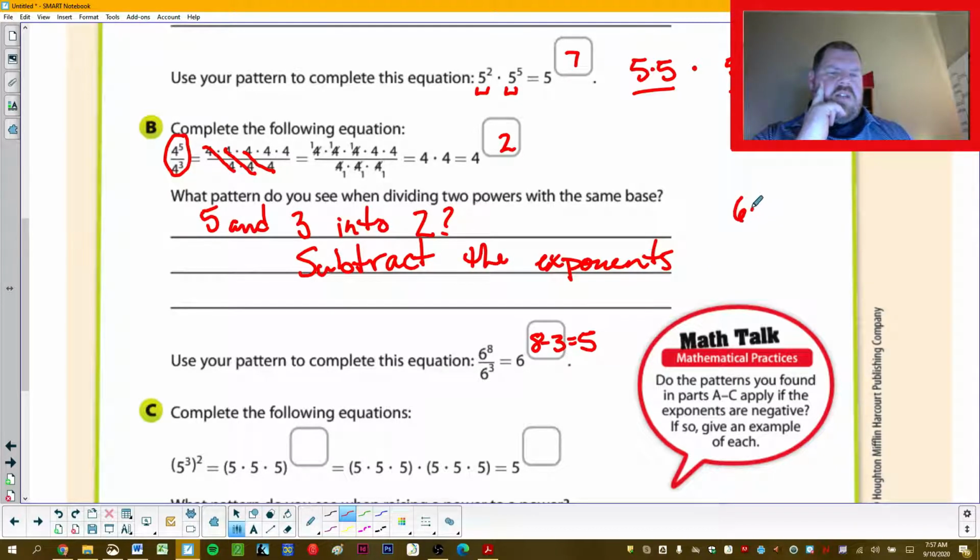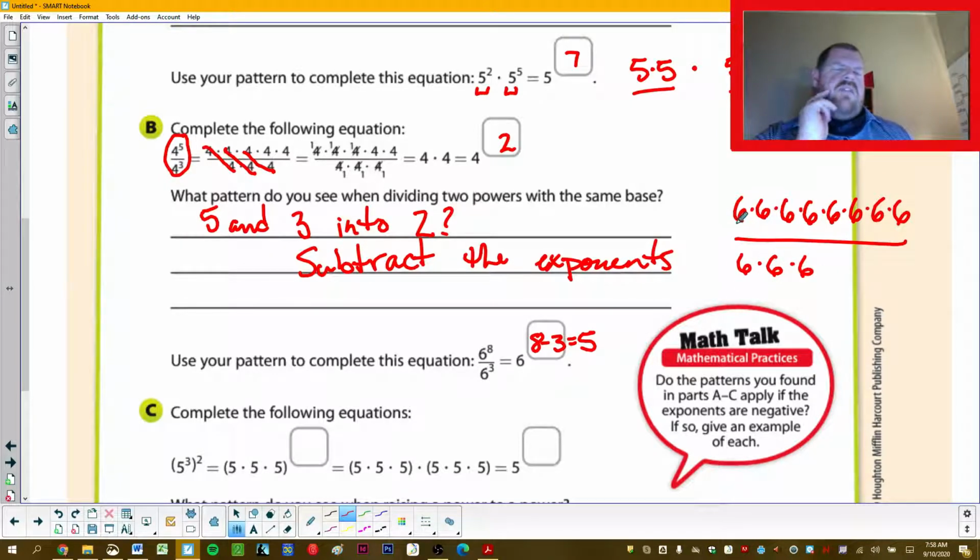So I have 8 6s, and on the bottom, I have 3 6s. I'm going to leave them over to the left so that they're a little bit easier to cancel out. 6s, 6s, 6s. And then what am I left with on the top? 1, 2, 3, 4, 5 6s. So we're good to go.